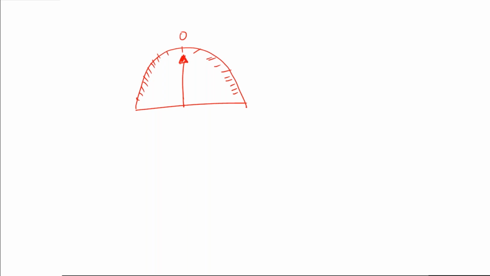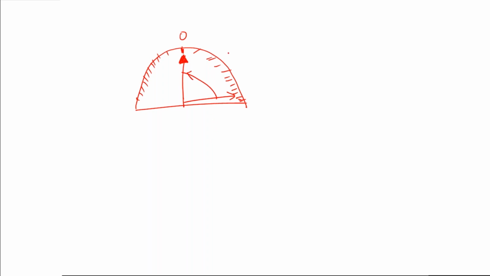Now, full scale deflection means it goes up to here, the last division of the scale. Deflection means it will come up to here and then go back to here. This is full scale deflection.